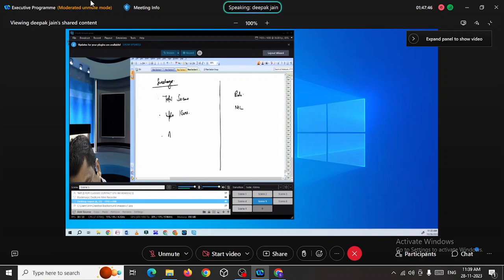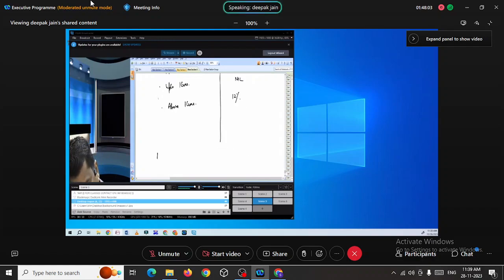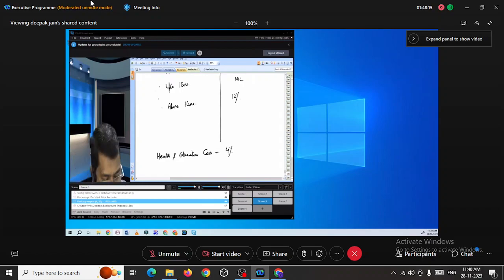Total income above 1 crore, the rate of surcharge is 12%. And at last, we have health and education cess. What is the rate of health and education cess? 4%.